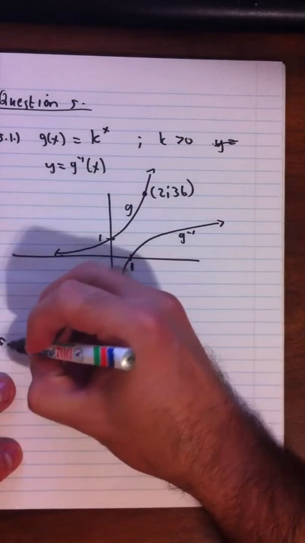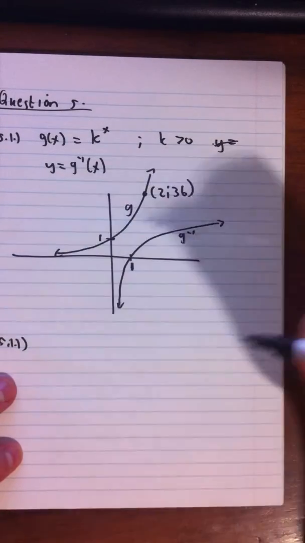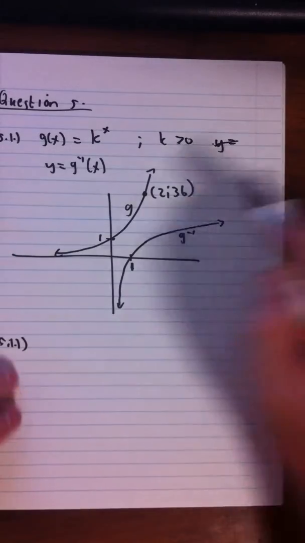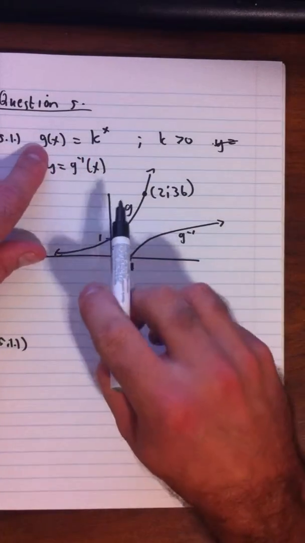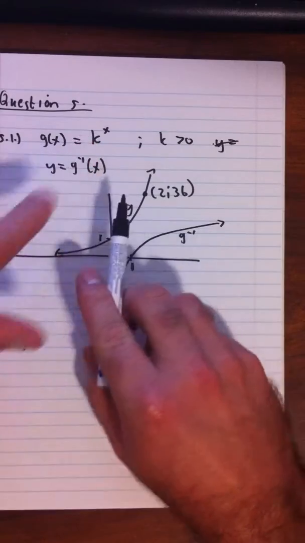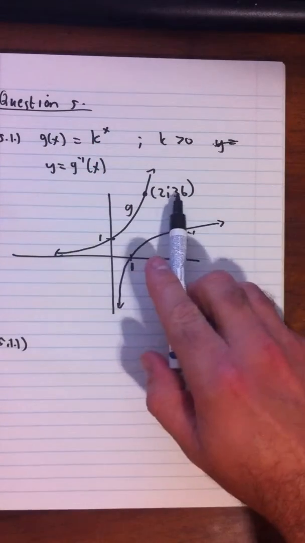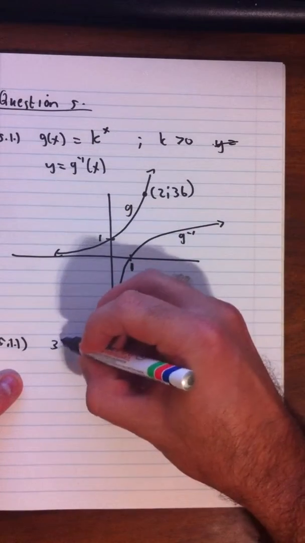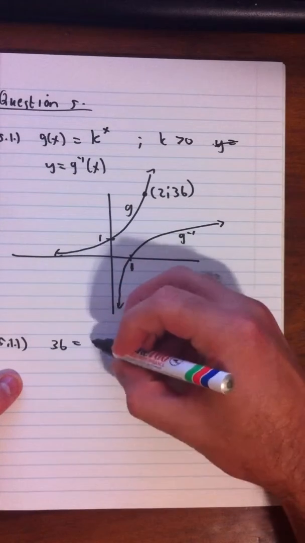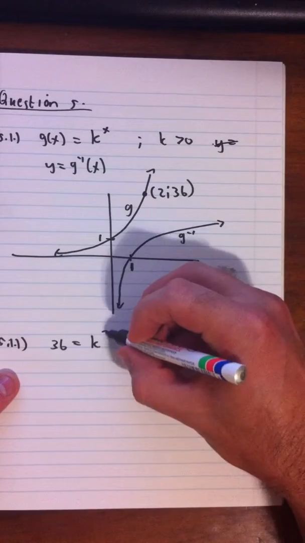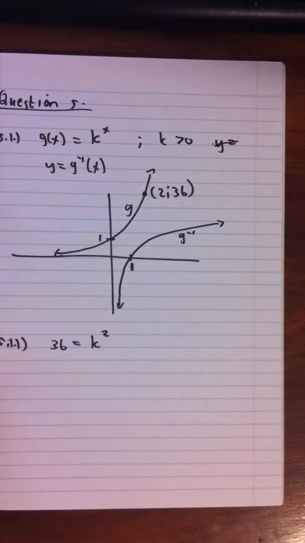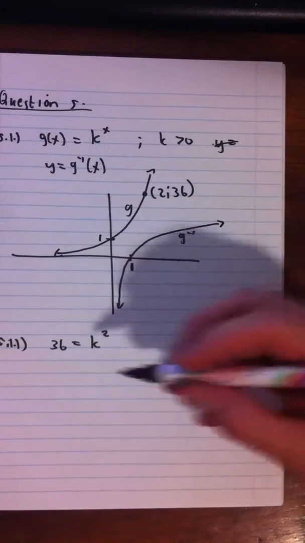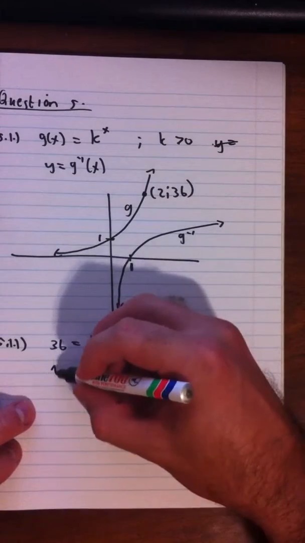Now the first question they ask specifically about this, 5.1.1, determine the value of k. We know G of x is equal to k to the power x, but we also know that the point (2; 36) lies on the graph. So let's plug that in. With the y value, we have 36, and k to the x value. 36 equals k squared, so we'll take the square root of both sides.